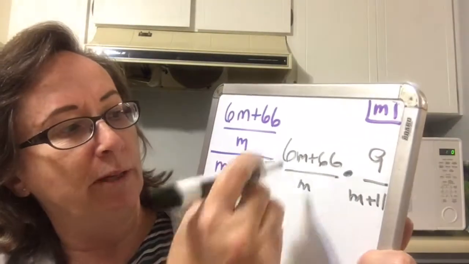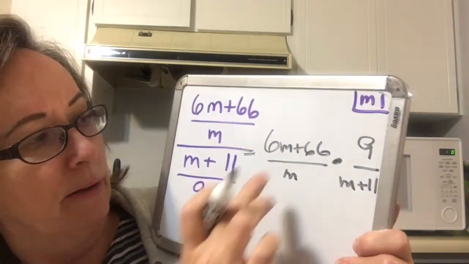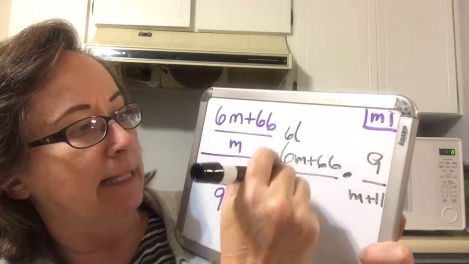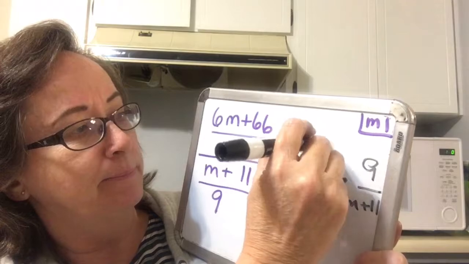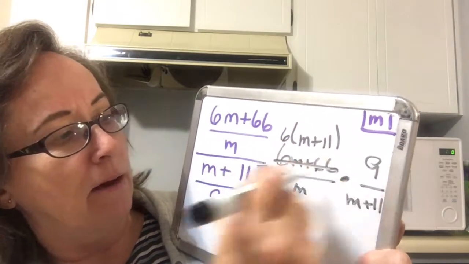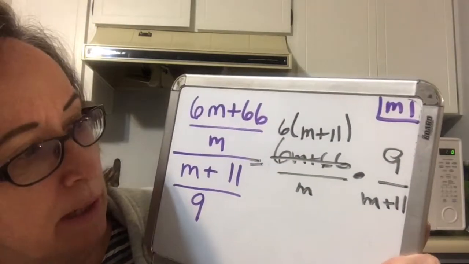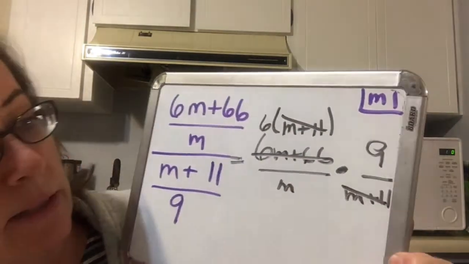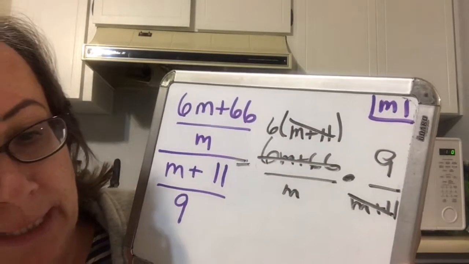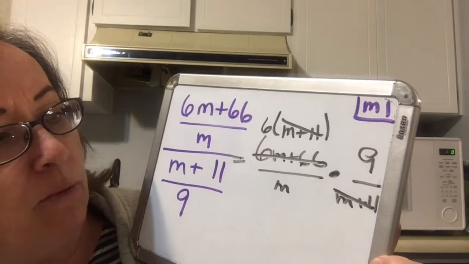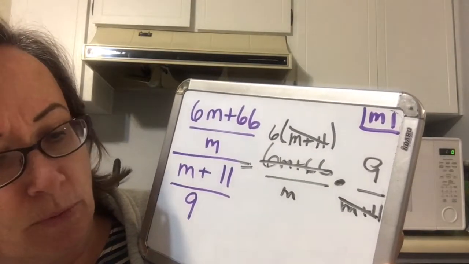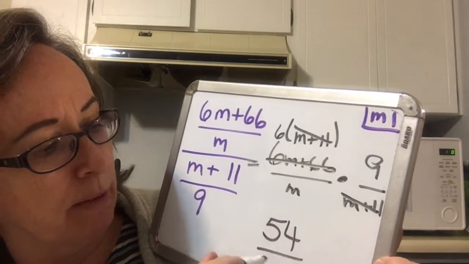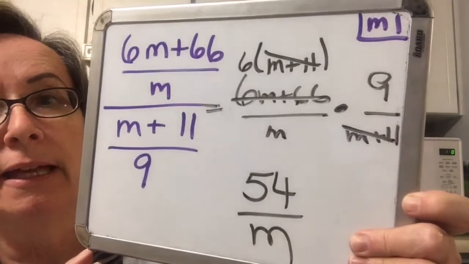So now I'm going to factor this numerator by 6 and get m plus 11. Now I'm going to cross that one off. I don't need it anymore. So the m plus 11 upstairs will cancel the m plus 11 downstairs, and we are left with 54 over m. And 54 over m is the correct answer.